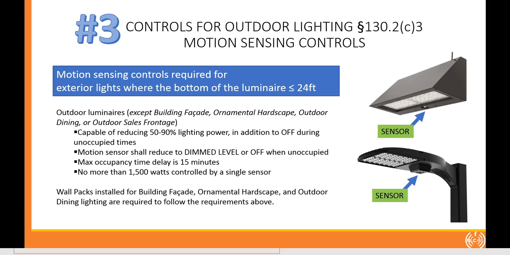And again, the operation will be high-low when the lights are on during nighttime. And then the bottom statement here: wall packs installed for building facade, ornamental hardscape, and outdoor dining lighting are required to follow the requirements above. So if we're using wall packs for those types of applications, then we too have to follow the requirements above with this motion sensor.